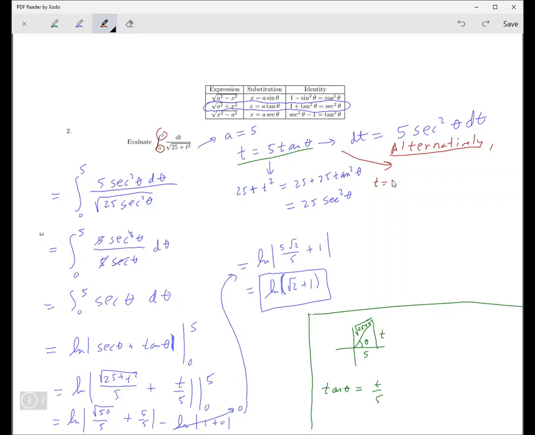So t equals 5 means 5 equals 5 tangent theta. That means tangent theta is 1, so theta would be pi over 4. And t equals 0: 0 equals 5 tangent theta, and that gives theta equals 0.